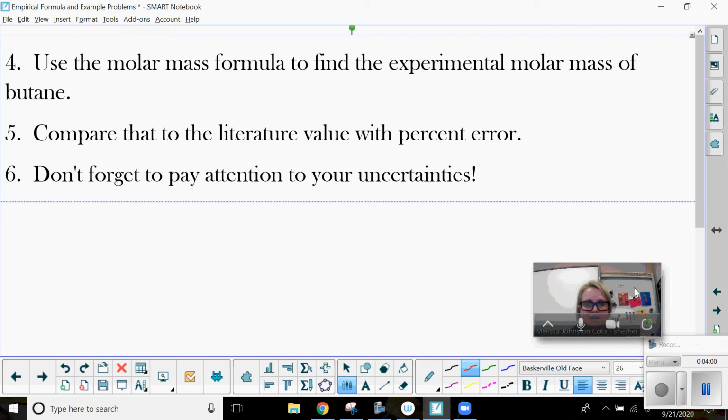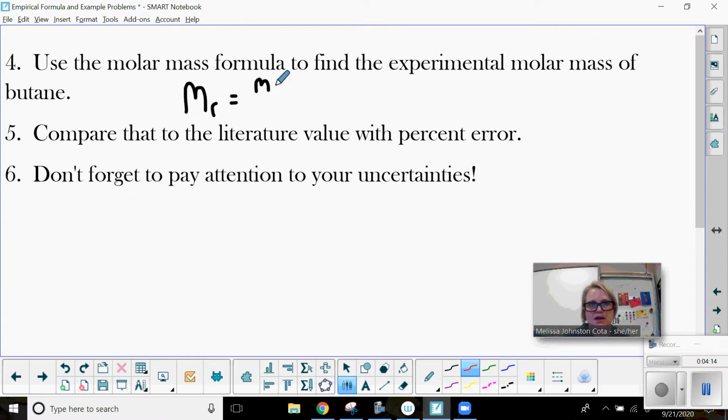After you do that, you use the molar mass formula in order to find the experimental molar mass of butane. Remember that molar mass is going to be the mass of the substance, which you got by subtracting the mass of the lighter before and after, divided by the moles. You're going to compare that to the literature value with percent error.